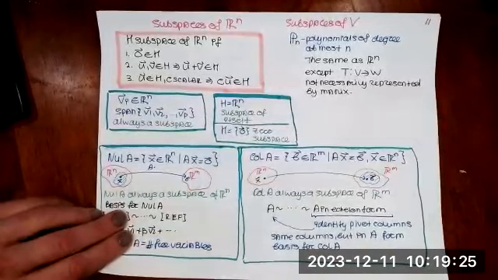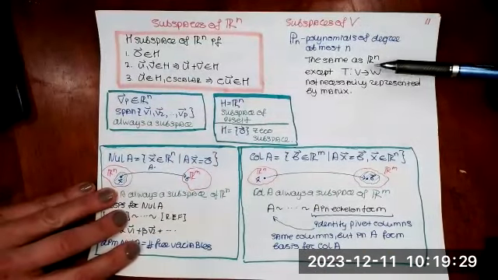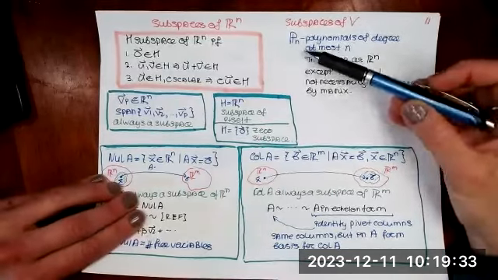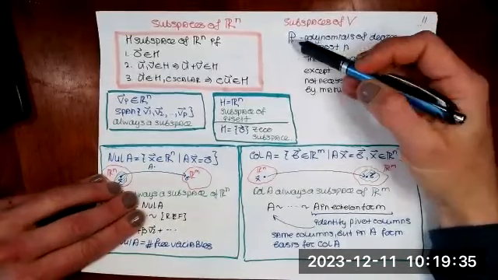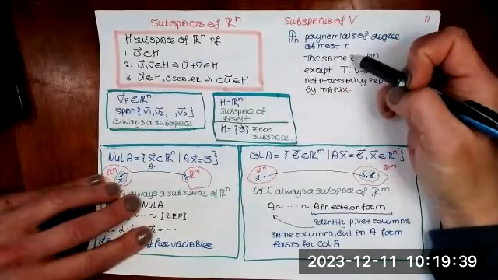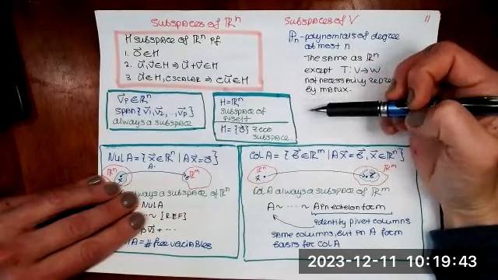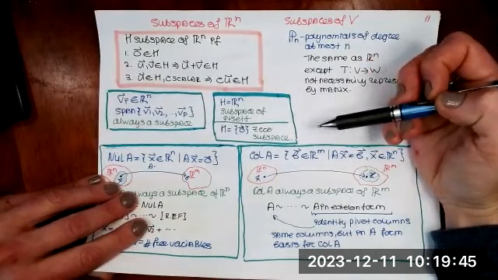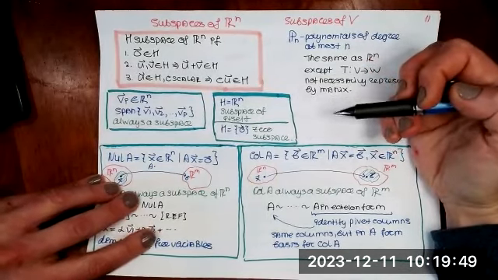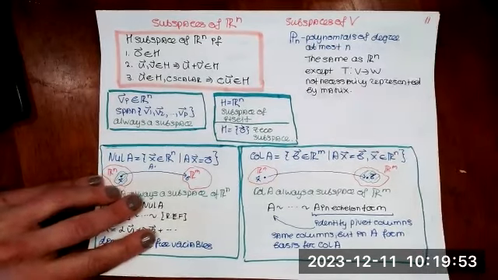This is for Rn, but we can also apply it to general vector spaces, right? For example, Pn is polynomials of degree at most n. Pn is a subspace of the vector space of all continuous functions. Or P2 is a subspace of P10.